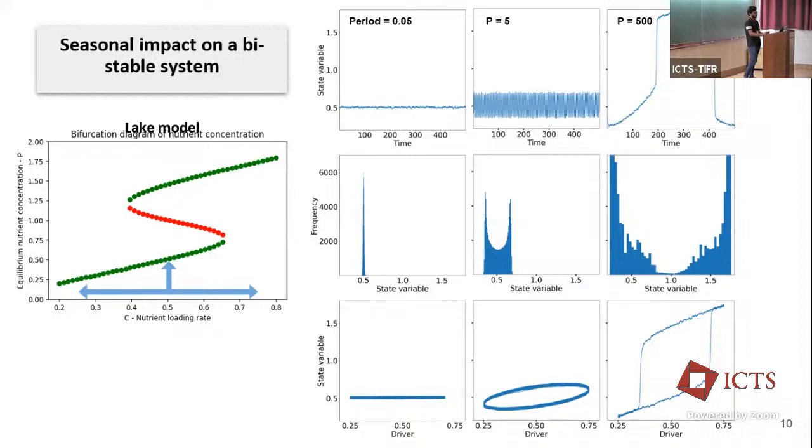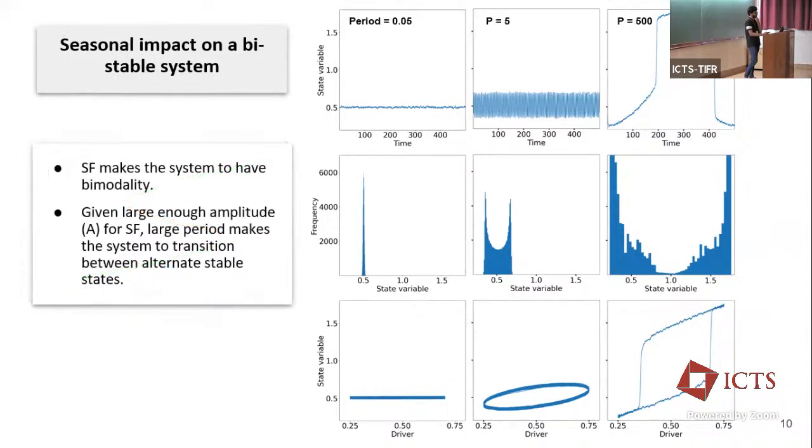So to summarize, the seasonal forcing makes the system have bimodality even when it resides on a single stable state, purely because of seasonal forcing, as you can see in the middle column. And for a large enough period, it makes the system undergo transitions to different alternate states.